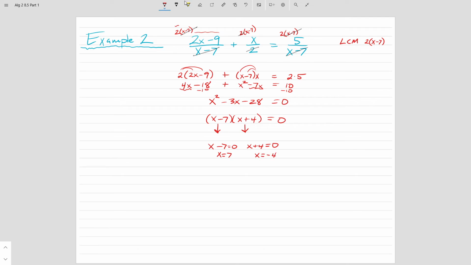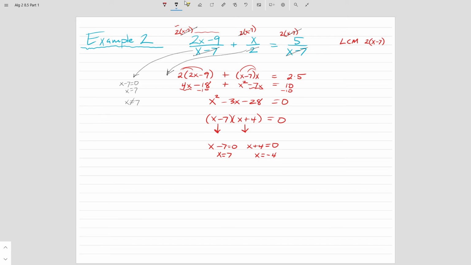And then now I need to check if either one of those answers has to be thrown out. And I look at the factor of my first fraction. Factor of my first fraction was x minus 7, and I actually find out that one of my domain restrictions is 7. My other fraction has 2.